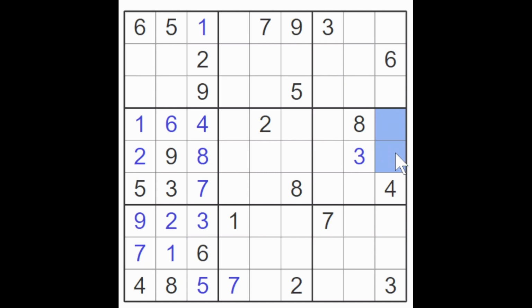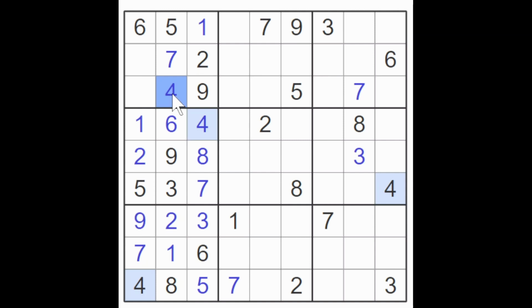So now, given a ghost 7 here and a 7 up here blocking these cells, and these now being blocked by the ghost 7, and this being blocked by this 7 here, we can enter a 7 here. And that, in combination with this 7 and the 7 here, forces a 7 to go here. And that makes this a 4.